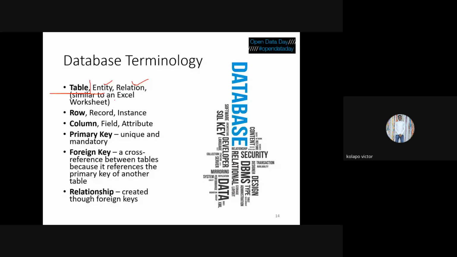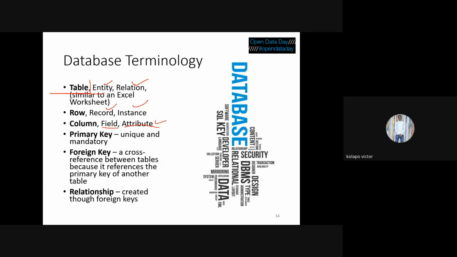Your row is talking about your record, your instance. So the record or the instance, that's your row. For your column, you see us mentioning something like field and then attributes. That's for your column.